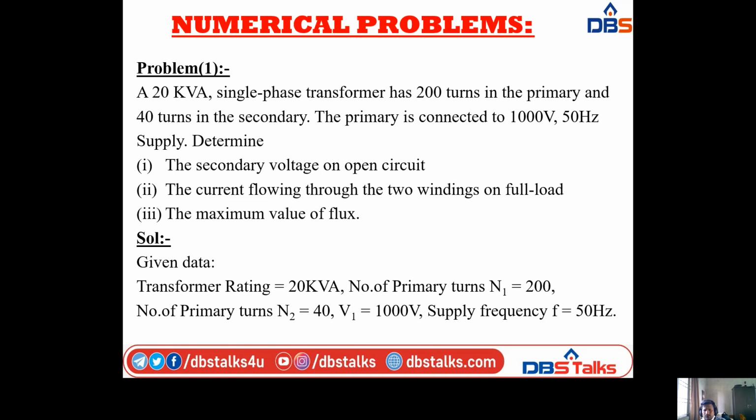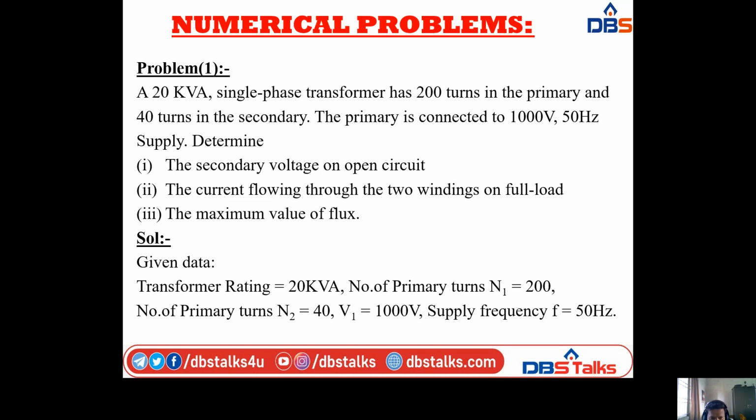The primary is connected to a 1000 volts, 50 Hz supply. Determine first, the secondary voltage on open circuit. Second, the current flowing through the two windings on full load. Third, the maximum value of flux.